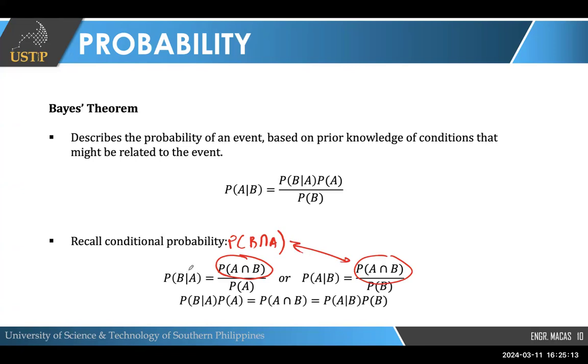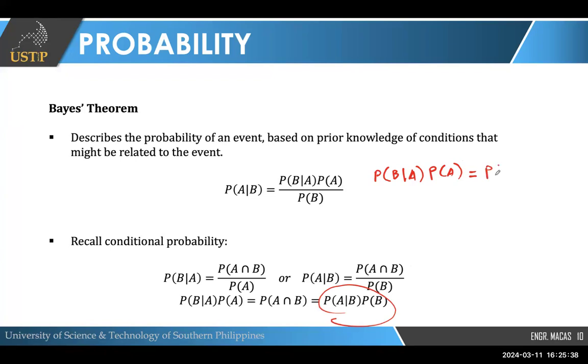So meaning, pwede din nato ni i-cross multiply. Okay? And then kani siya equal ani, ug kani siya equal ani duha. So we can equate the two. The P of B given A multiplied by P of A equals P of A given B times probability of B. So meaning, pwede ra na siya.